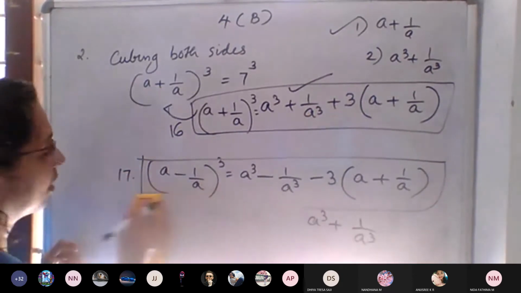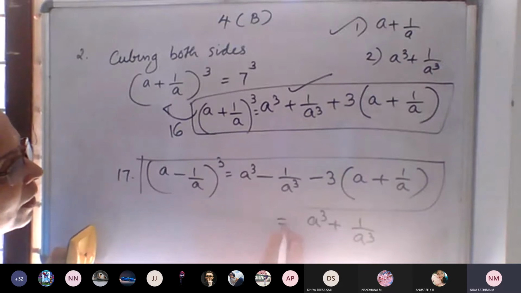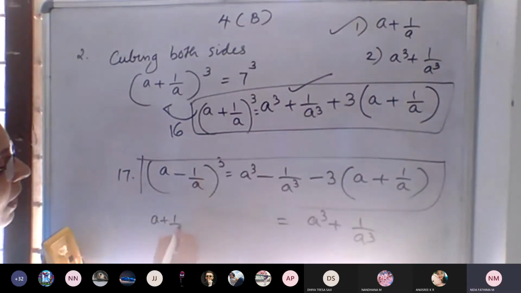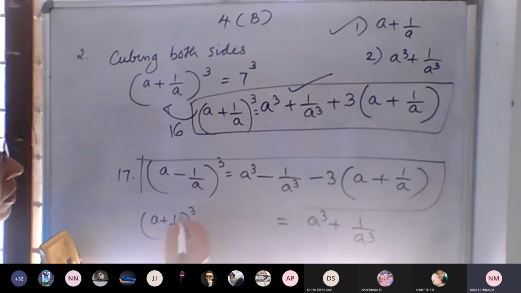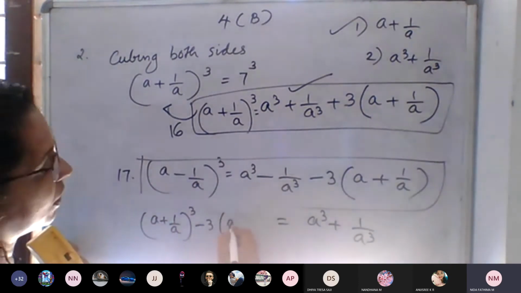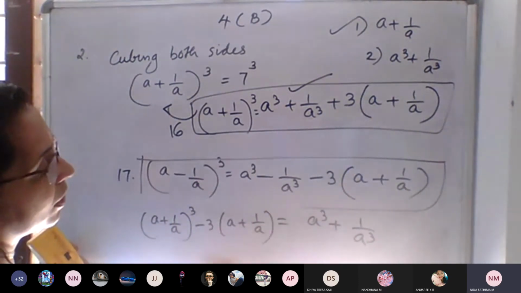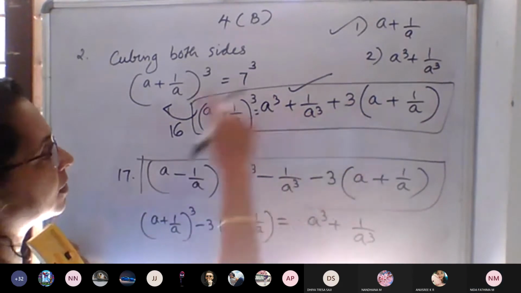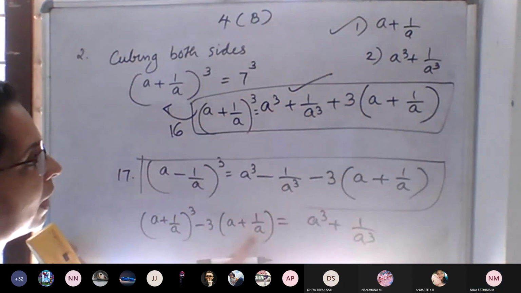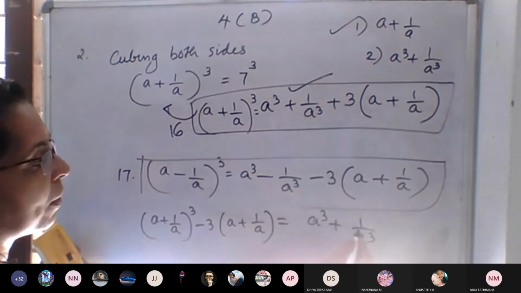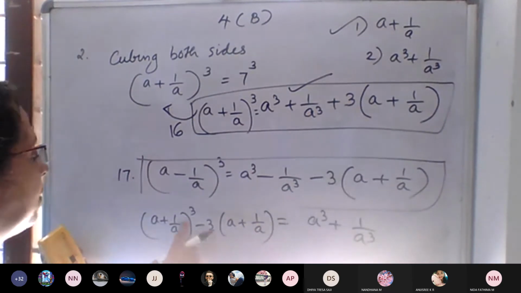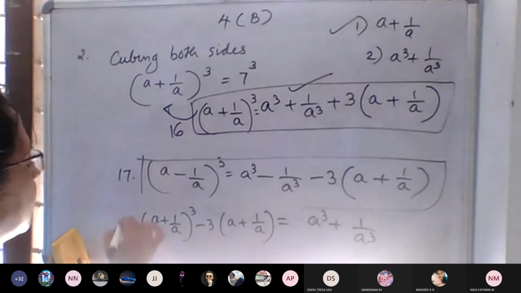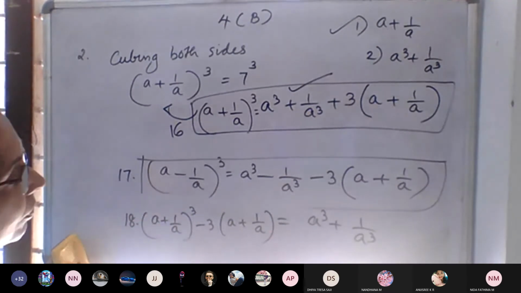You have to write (a plus 1 by a) whole cube minus 3 into (a plus 1 by a) equals a cube plus 1 by a cube. Then take this positive 3 into (a plus 1 by a) to the left side. So a cube plus 1 by a cube we can write as (a plus 1 by a) whole cube minus 3 into (a plus 1 by a). This is formula number 18.